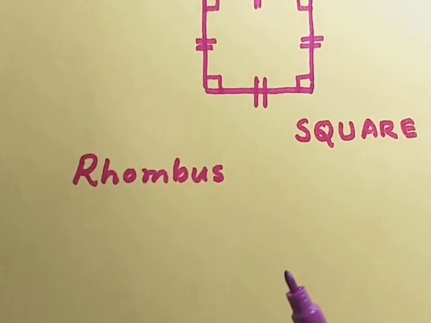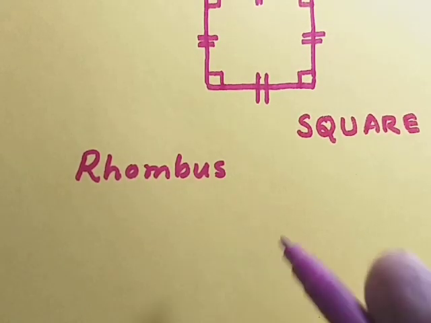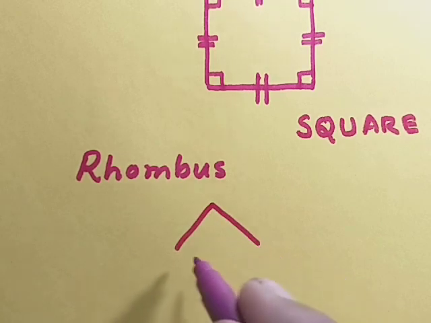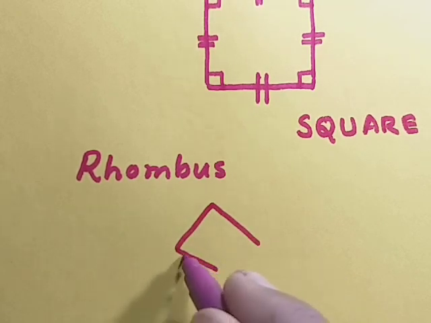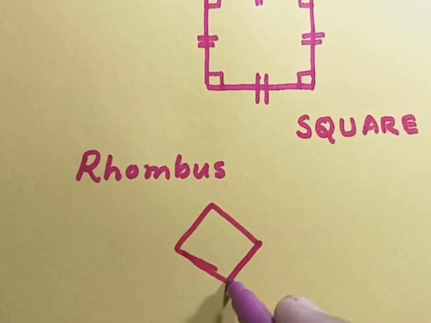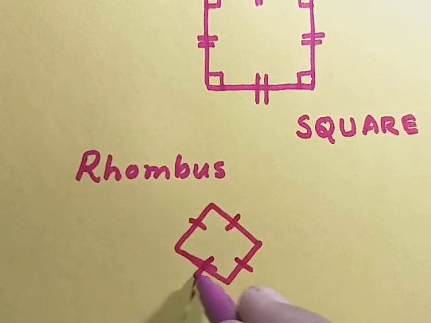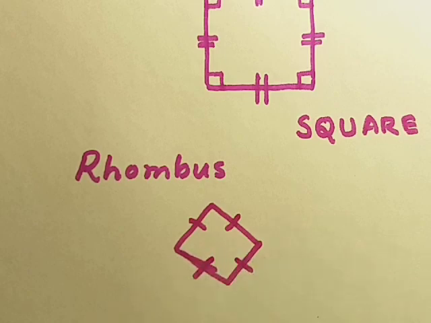Whereas rhombus means we have a figure of this kind, a shape like this. It necessarily looks like a square, all the sides are equal, whereas their angles are not equal to right angles.